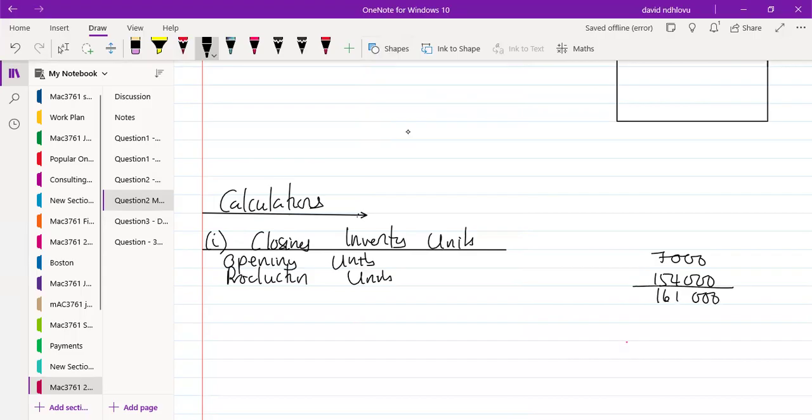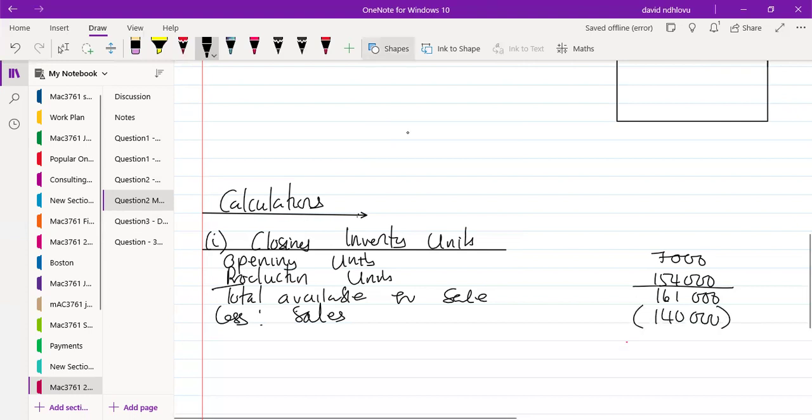Right, then this is the total available for sale. And then you say less your sales. How many units did you sell from this? We sold 140,000. So therefore, it simply means that in our closing inventory, we are now left with 21,000 units.